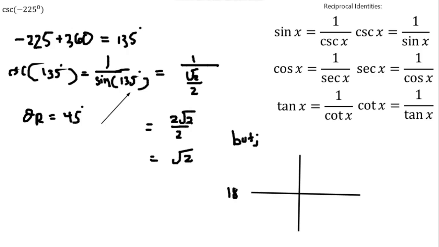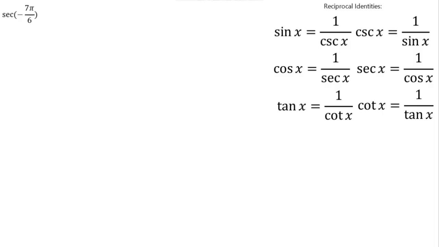In the first quadrant, sine is positive. Sine is also positive in quadrant 2. That's why it is positive, because 135 degrees is in quadrant 2 and sine there is positive.